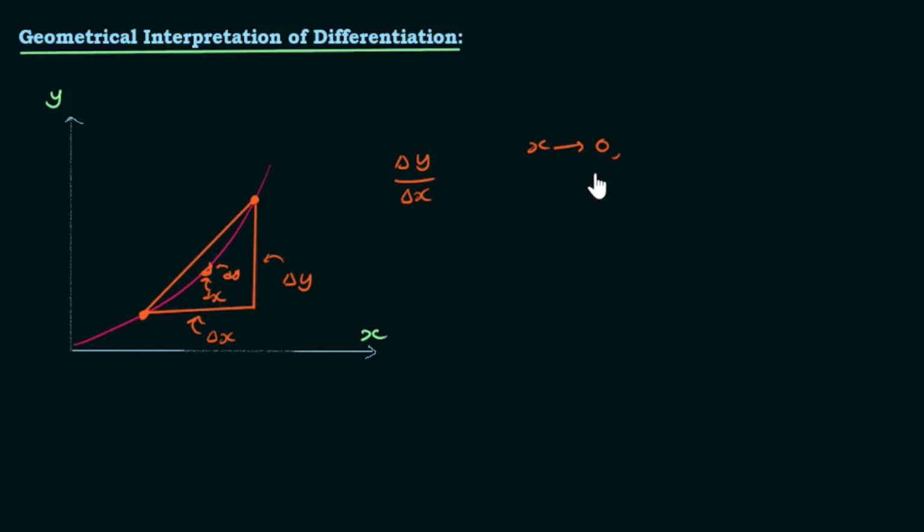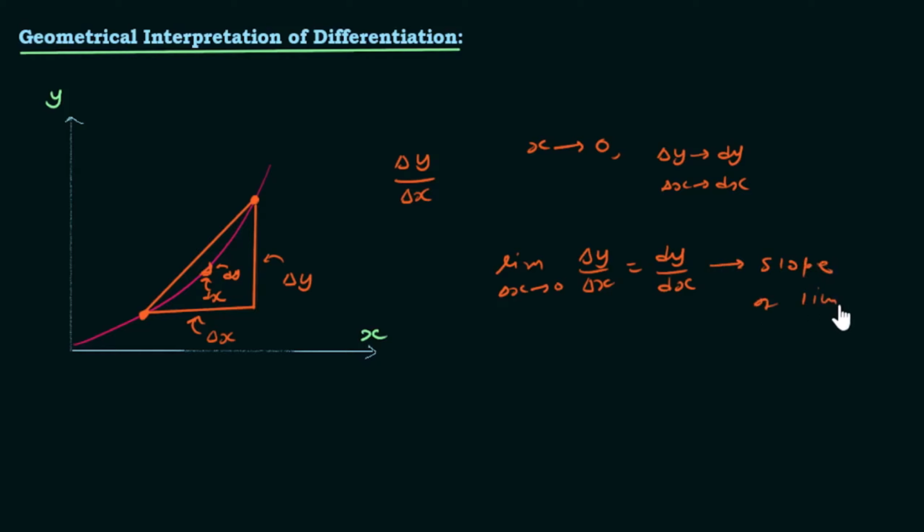So in case delta x tends to 0, delta y will be converted into dy and delta x will be converted into dx. So under the limit delta x tends to 0, delta y by delta x will be converted into dy upon dx. Here dy upon dx is basically the slope of the line.